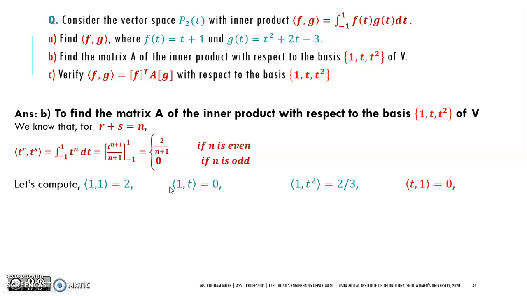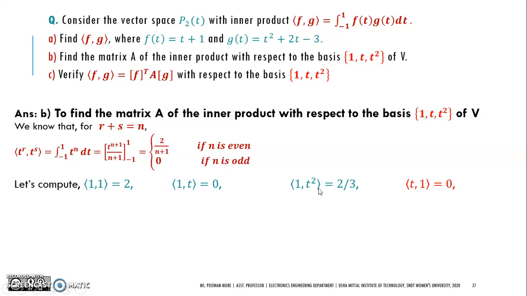Now the next inner product we will take is 1 with t, that is the inner product of 1 with t. Here if you observe, the value of n, that is r plus s, comes out as an odd value, that is equal to 1, and therefore this inner product is equal to 0.